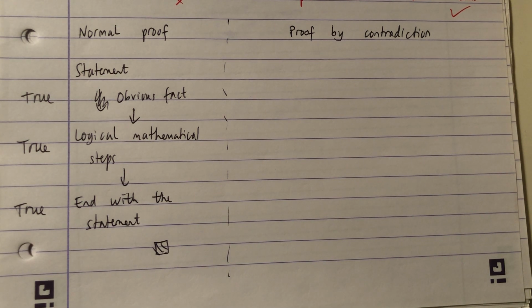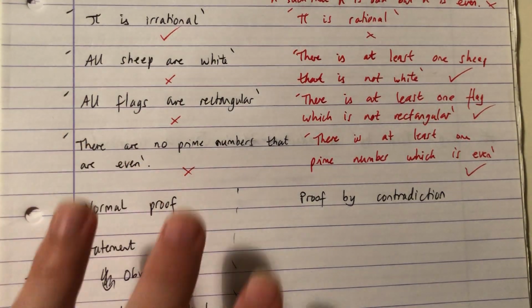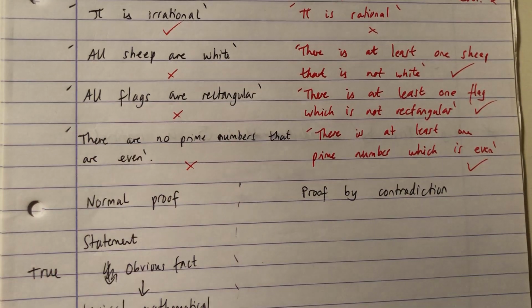Now, proof by contradiction is completely different. It kind of uses the fact that we did above, which is if you've got a statement and the negation of the statement, only one of them can be true at once. So if I knew one of them was false, I automatically know the other one is true. Like if you look above, pick any pair of these, pick the flags being rectangular one.